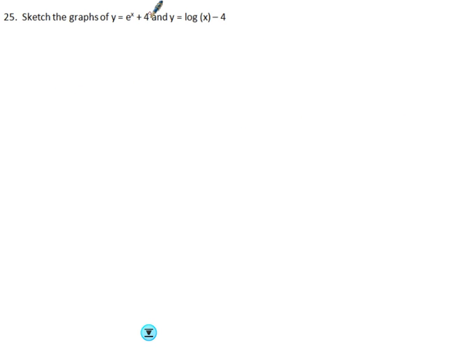In 25, sketch the graphs of y equals e to the x plus 4 and y equals log of x minus 4. So in this particular one, y equals e to the x plus 4, it kind of resembles y equals e to the x, but it's really like y minus 4 is equal to e to the x. So y equals e to the x to begin with is that exponential curve that kind of looks something like this.